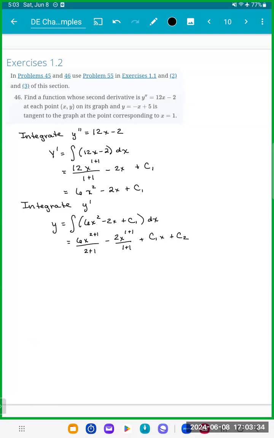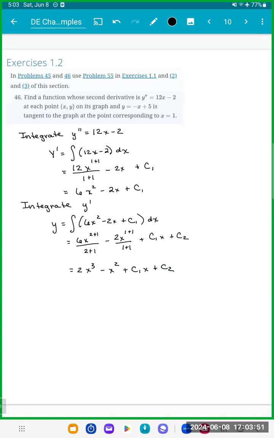When we simplify this, 6 divided by 3 equals 2x cubed minus x squared plus C1 x plus C2, okay?